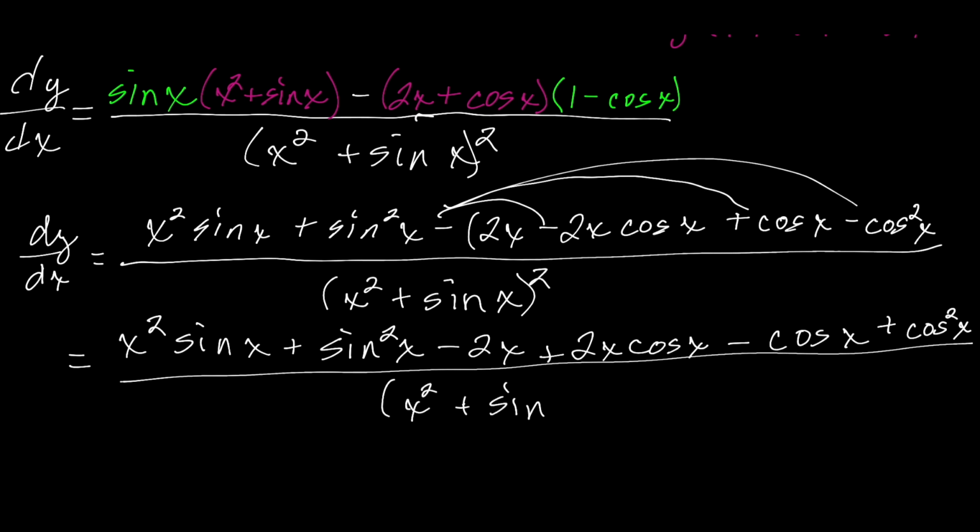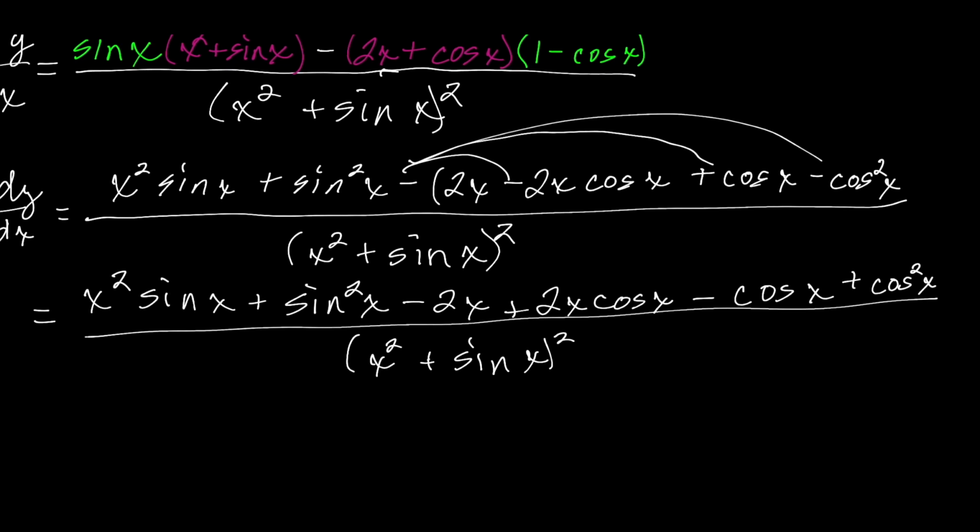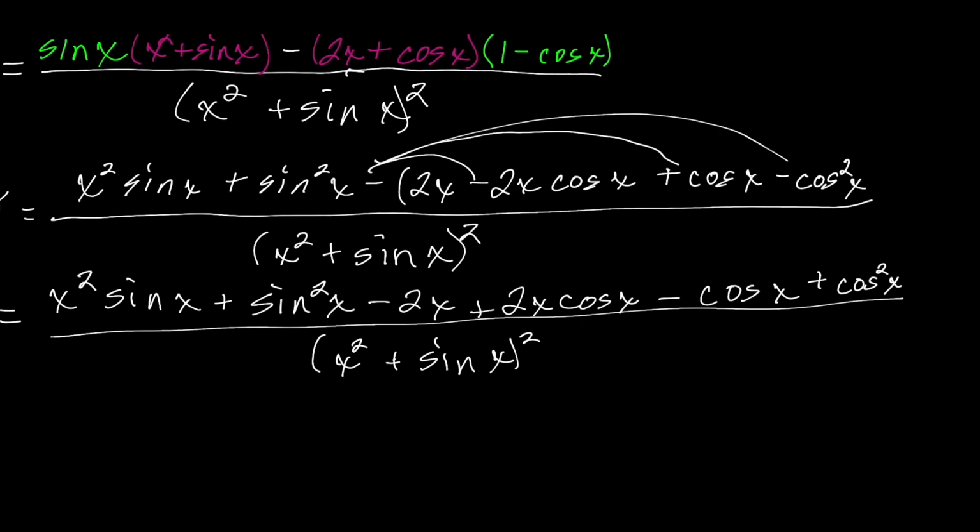So here's my denominator, just recopying that. But what I notice in the numerator now is something kind of interesting. Sine squared x and cosine squared x add up to 1. So I may just change that to a 1.